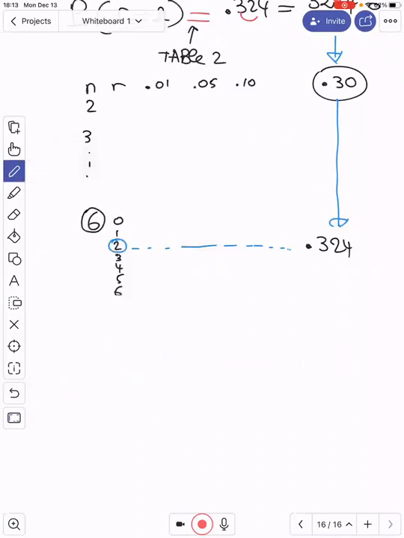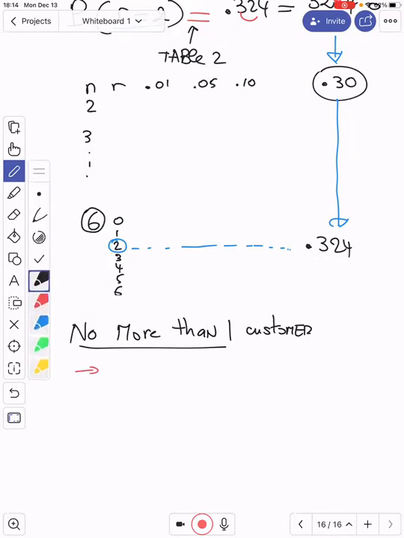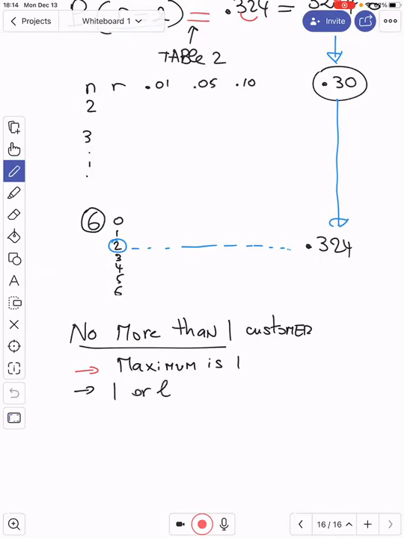So next, it says no more than 1 customer has COVID, etc. Okay, no more than 1. No more means the maximum is 1. So maximum is 1, which means it's 1 or less. 1 or less, and less than 1 will be 0, because the number of successes can be 0, right?